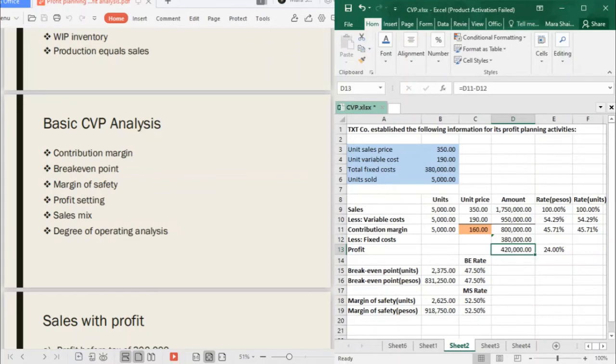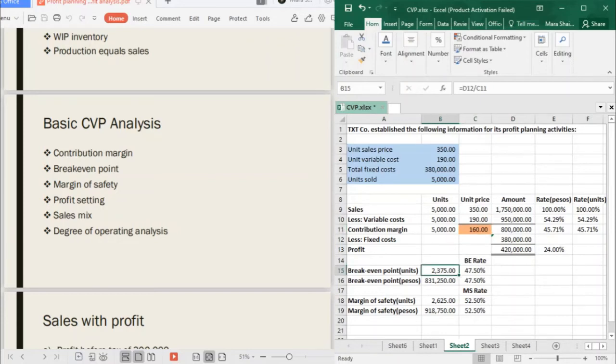Now, how do you find the break-even point in units and in pesos? So, of course, you make use of your contribution margin pod. So, as to units, you just simply take the fixed cost and then divide it by your unit contribution margin.